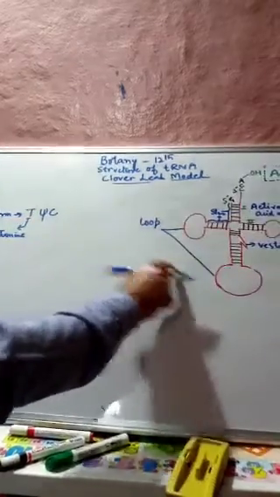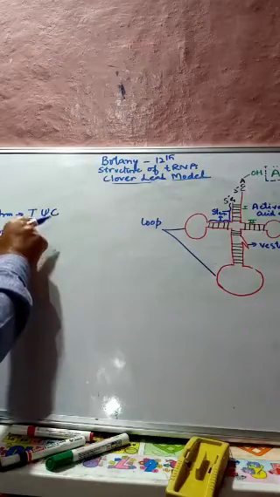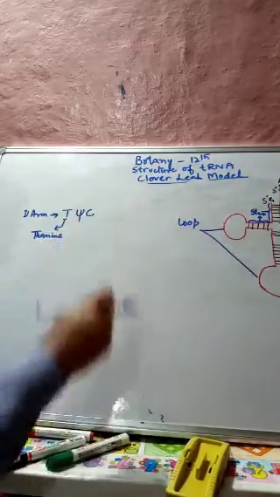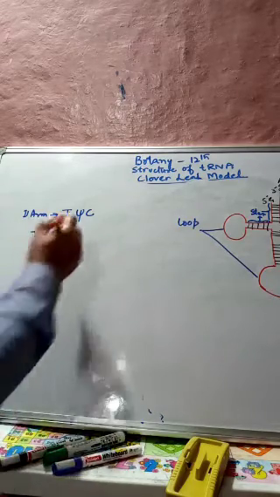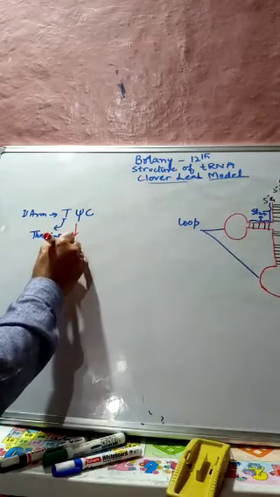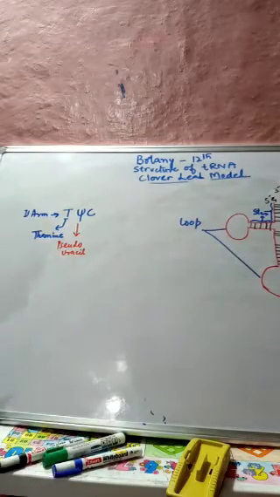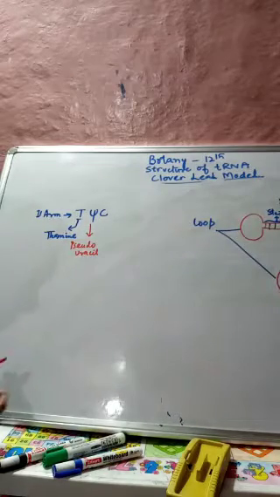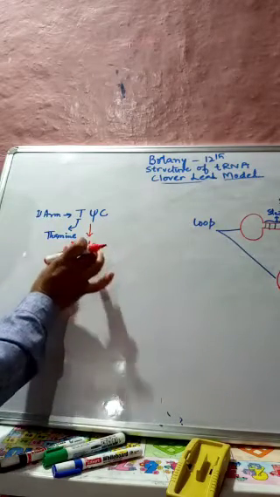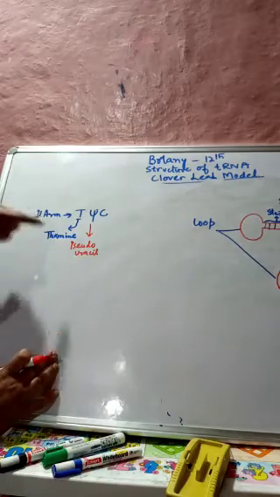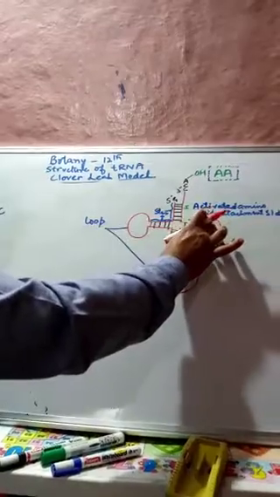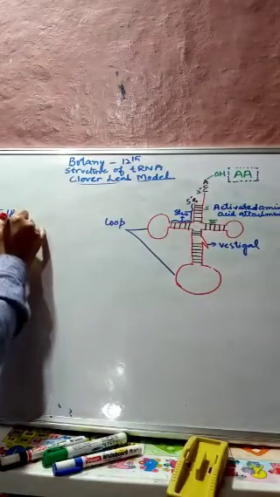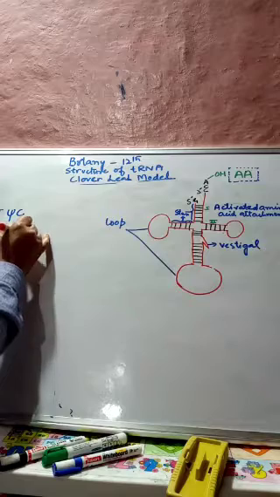It is actually RNA, so instead of thymine we should have got uracil. This psi is the pseudouracil, an abnormal base. And because of this abnormal base, the loop formation takes place. And the C is the cytosine.